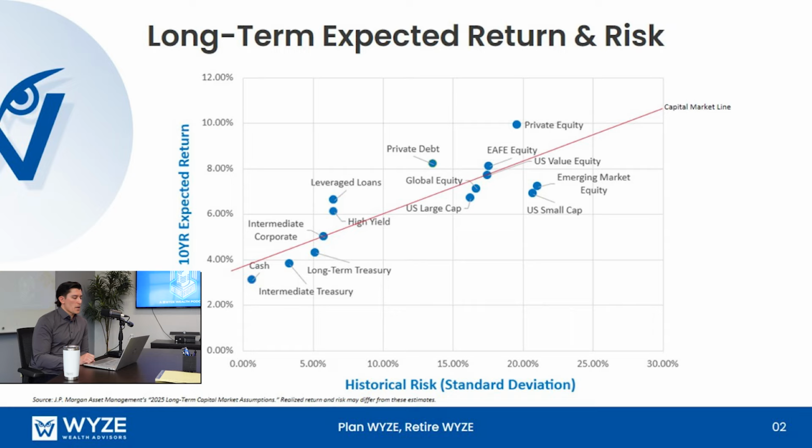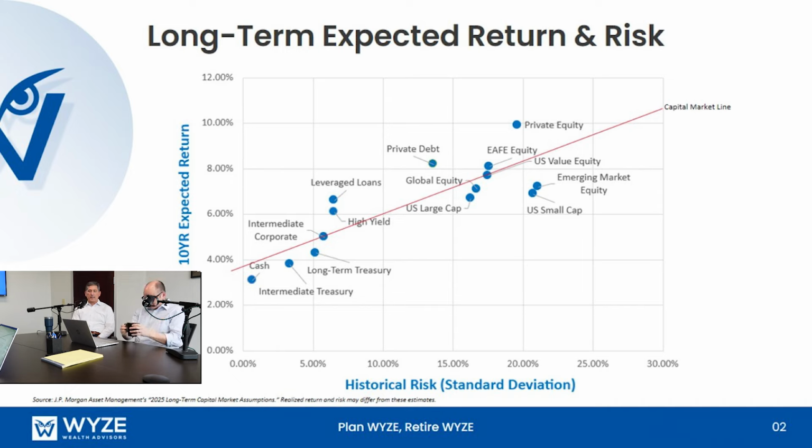So if you're looking at cash, it's on the left end of the graph. That's low risk, obviously, and then something on the right side of the graph, like emerging market equity, the standard deviation there is maybe 21, 22. That's more risky. That's correct. That basically means how far a return typically fluctuates from its mean return. Exactly. That's correct.